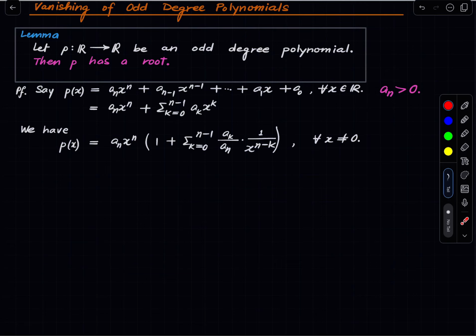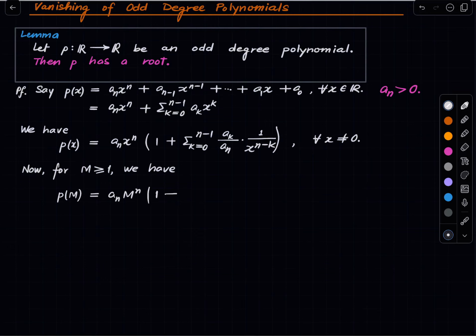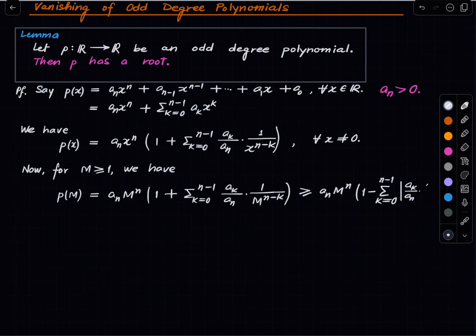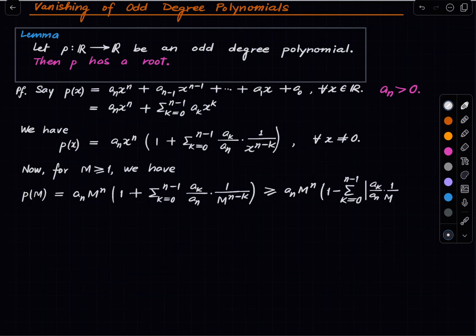So let's execute this last step. For some positive integer m, we have p(m) is greater than or equal to this, and I will explain this inequality.